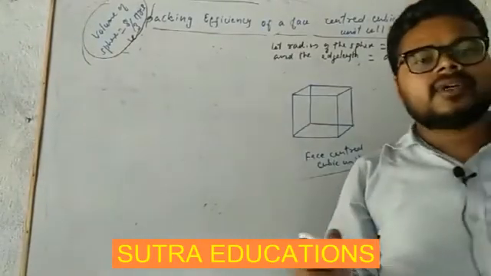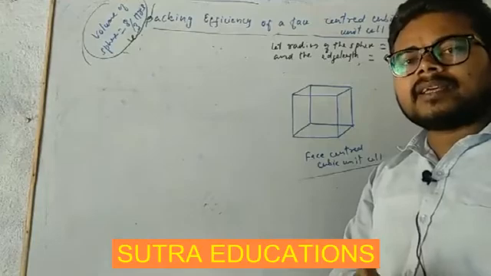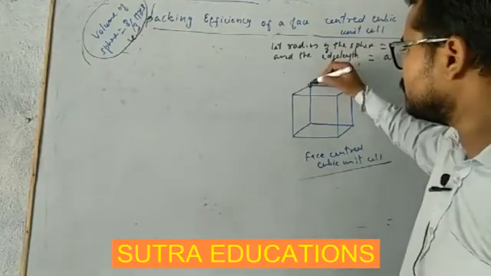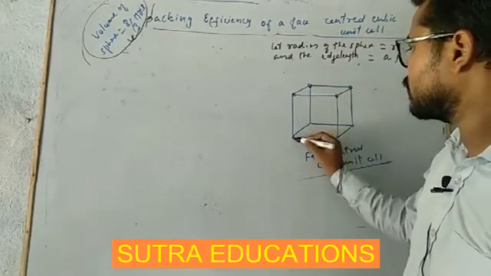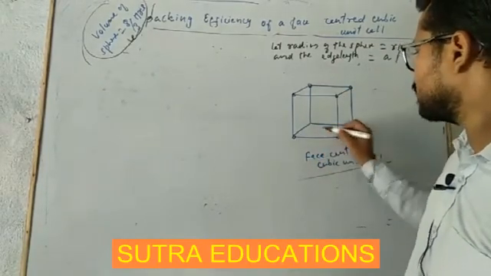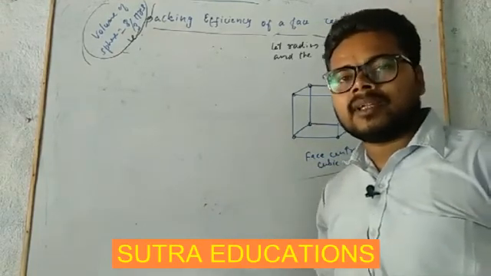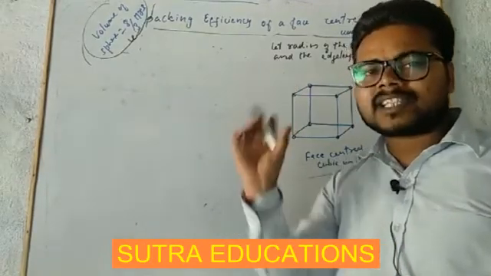And I have told you earlier, if it is a face centered cubic unit cell, then the atoms present are on the 8 corners, and in addition to these corner atoms, the atoms present are at all 6 faces.